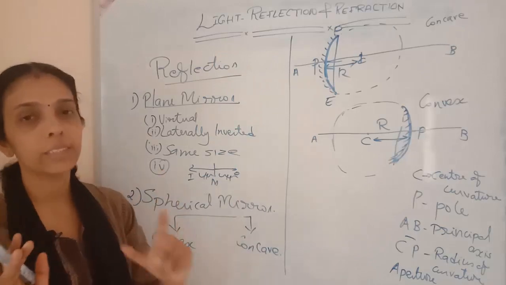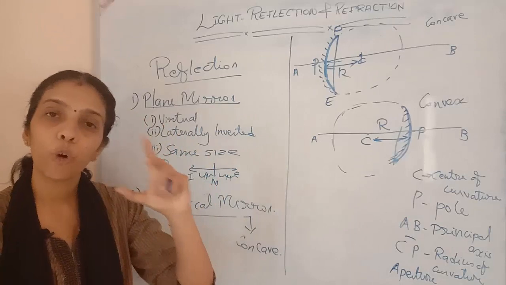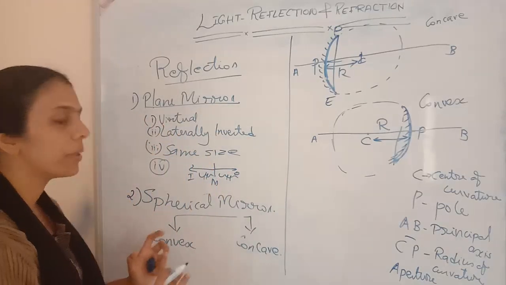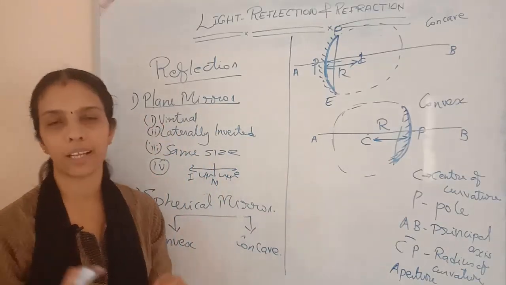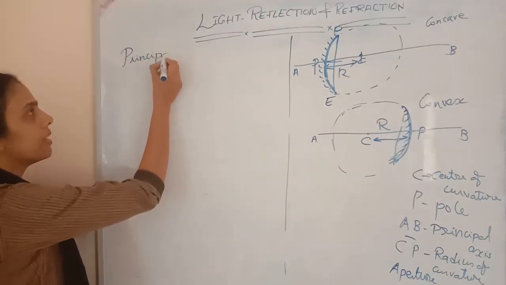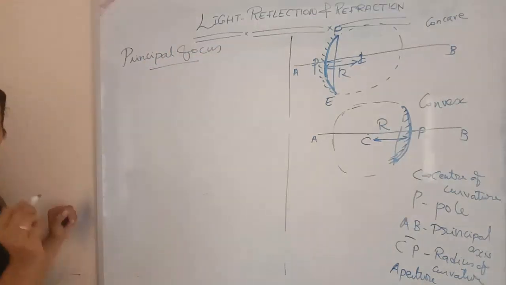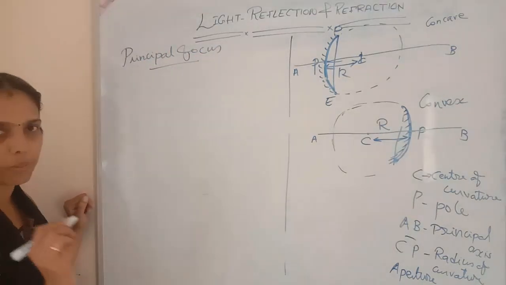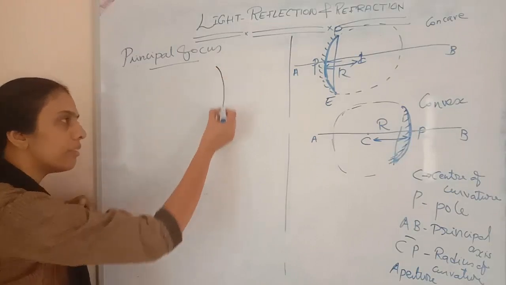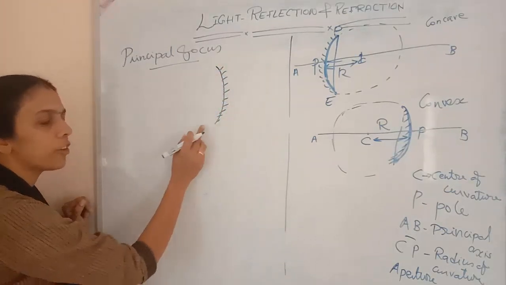Okay, and next we are going to study what the principal focus of a concave mirror and a convex mirror is. Okay, principal focus. For a convex and a concave mirror, the principal focus will be different. So if I am drawing like this, which kind of mirror is this?